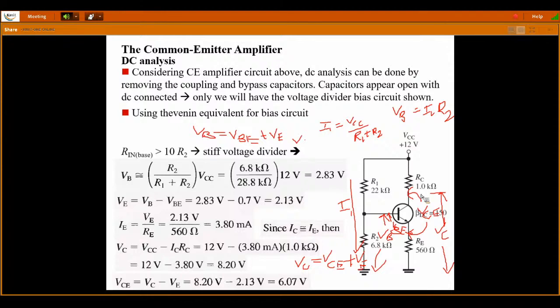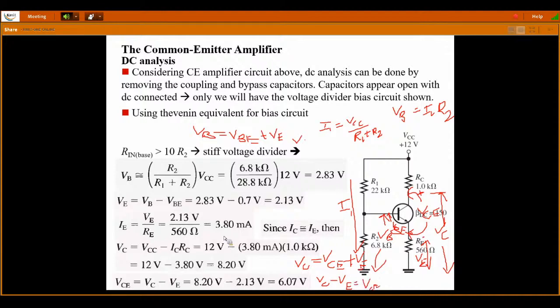This is plus and this is minus, so VCE plus the amount of voltage drop across this RE, which is VE. So when I want to find the collector to emitter voltage, I have to subtract my emitter voltage from the collector voltage. VC minus VE will give you the collector to emitter voltage.